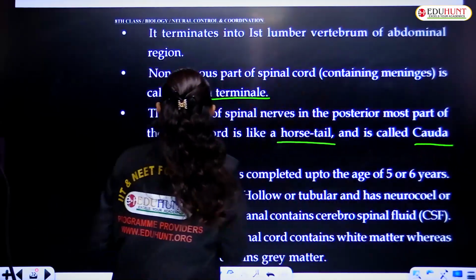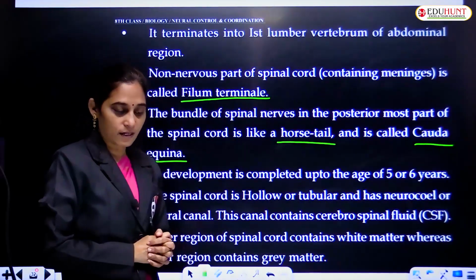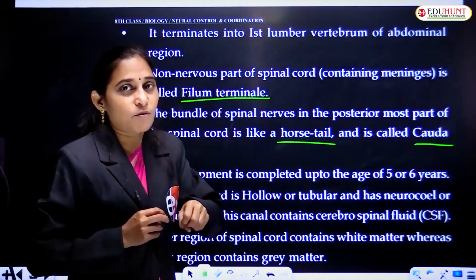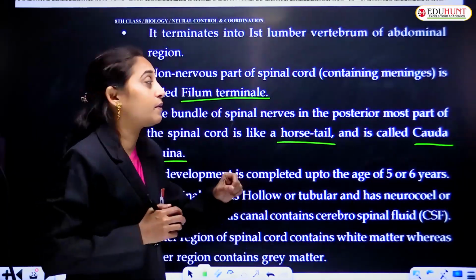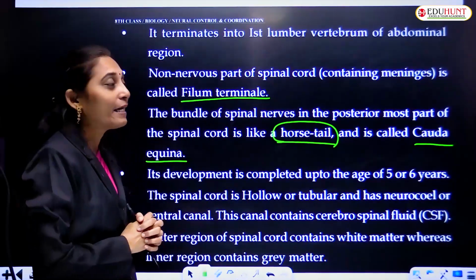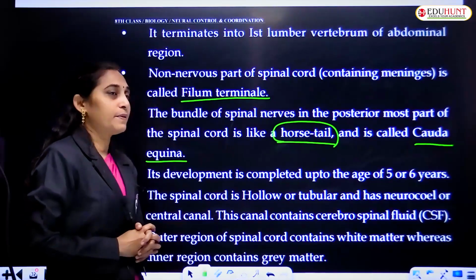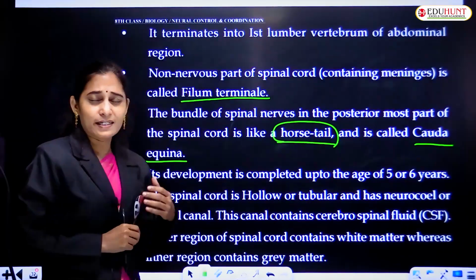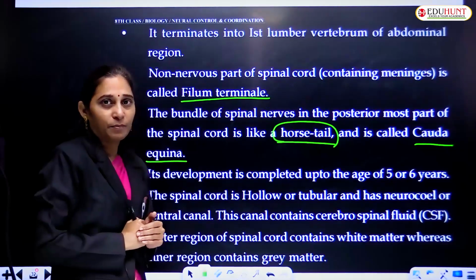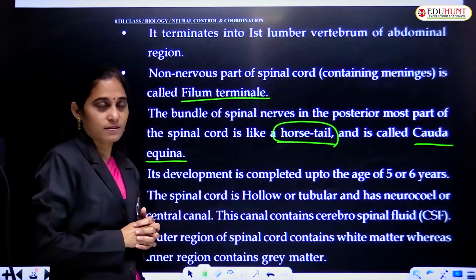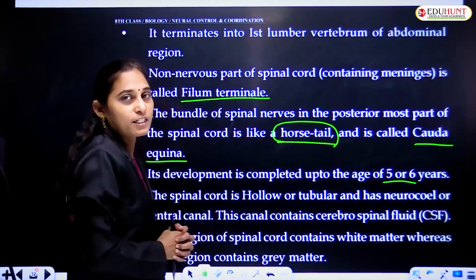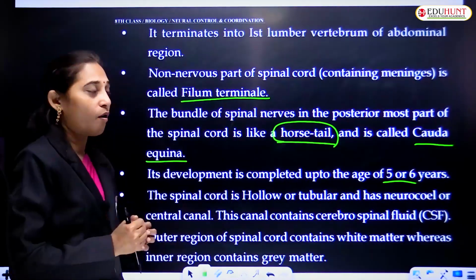Cauda equina is nothing but a bundle of spinal nerves at the posterior part of the spinal cord. They resemble a horse tail, that is why they are called cauda equina, and their development completes when the child is between 5 and 6 years of age. Maximum development takes place at the age of 5 or 6.